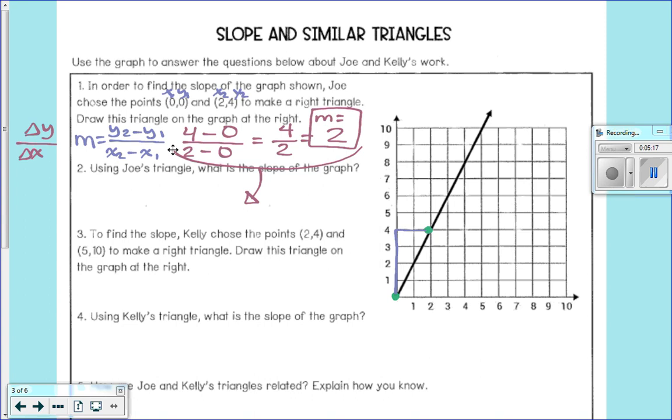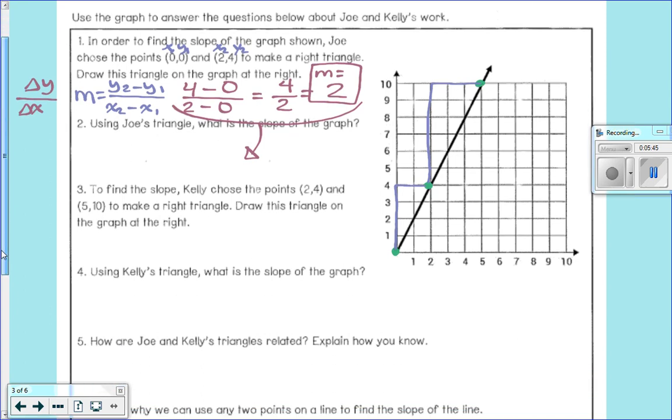So let's go ahead and graph (5, 10). Let's go ahead and draw this right triangle. So just learning from what we did yesterday, if you choose any points on a line to determine the slope, should we get the same slope? Yes. Should Kelly have the same slope? Yes. Absolutely. Okay, and this is what it's showing again as well.